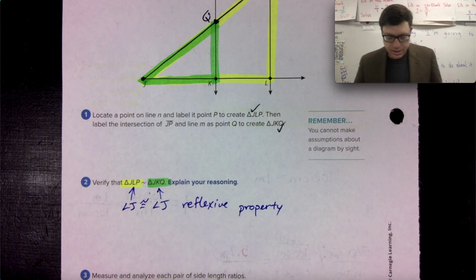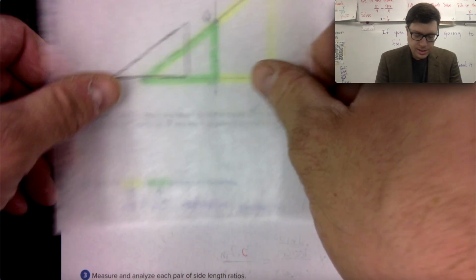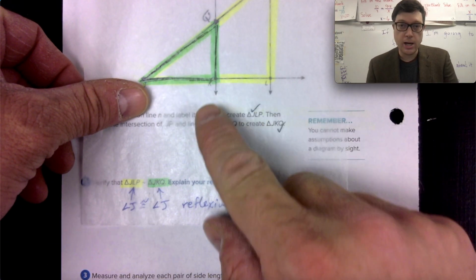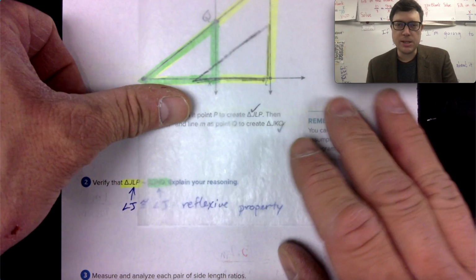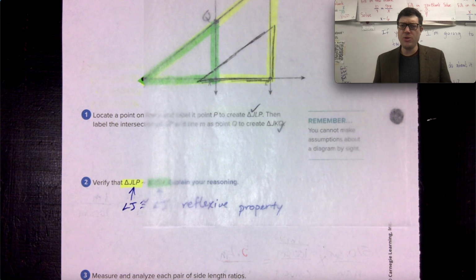Okay, then the second thing to do is to take this angle right here at angle K and check if angle K and angle L happen to be the same angle. In fact, I already know they're going to be the same angle.